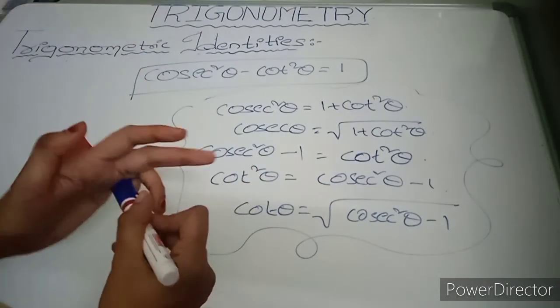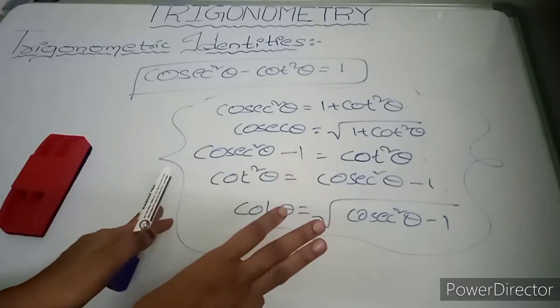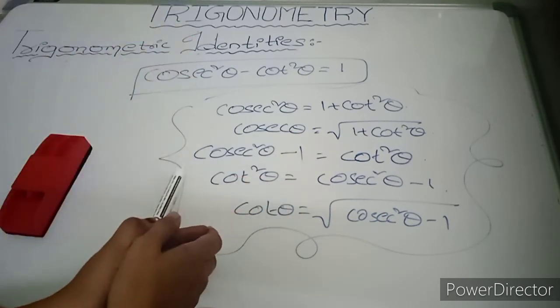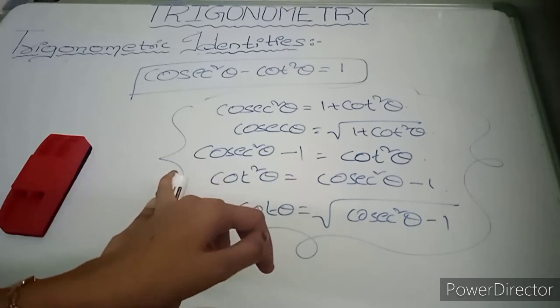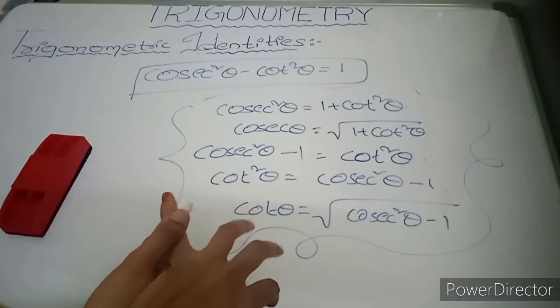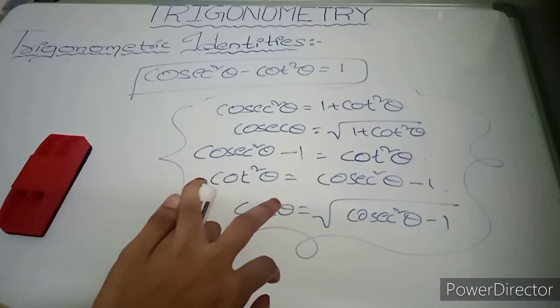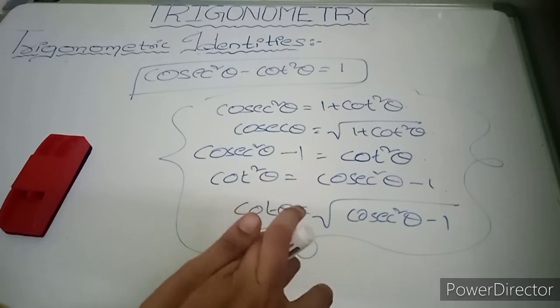What you have to do is remember the three main identities. From these three main identities we can write the remaining identities. So what are those identities? Sin square theta plus cos square theta is equal to 1. Secant square theta minus tan square theta is equal to 1. And the third one is cosecant square theta minus cot square theta is equal to 1.